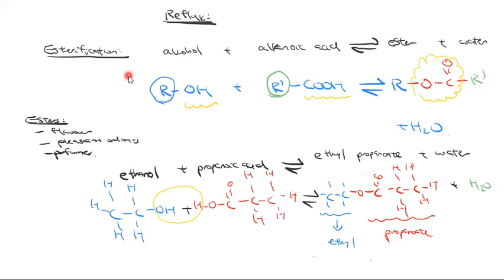But of course, we note that it's not a complete reaction. In fact, if you just mix alcohol and alkanoic acids together, it doesn't really happen. So the reaction is firstly incomplete and also does not really proceed at room temperature.